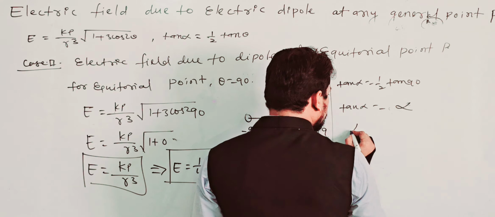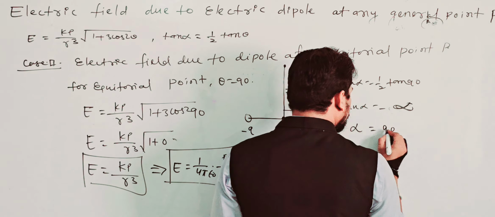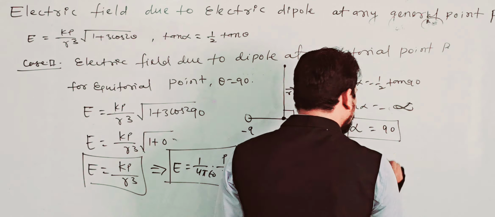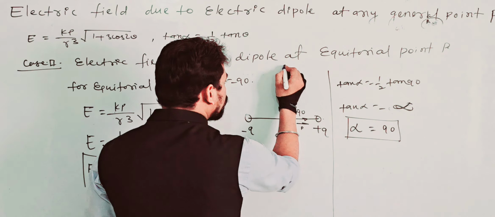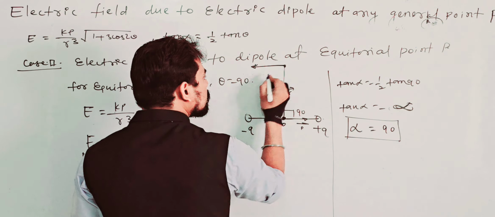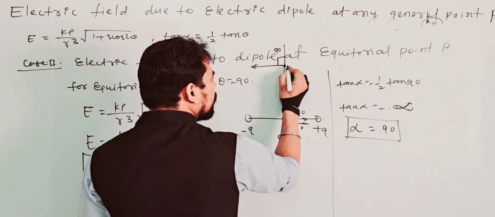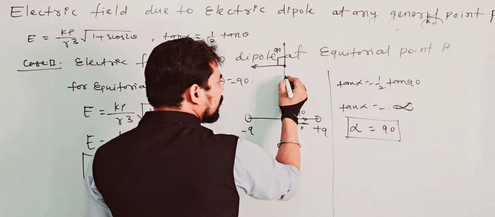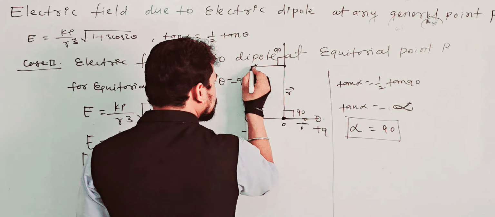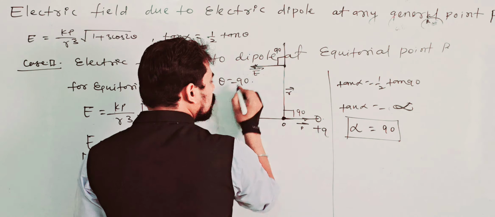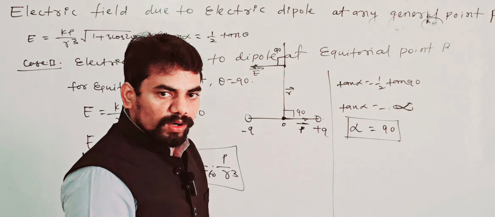If this is infinite, then alpha equals what? 90 degree with R. It means the field is along this, and this is the R vector. So alpha is making 90 degrees with the position vector. The dipole moment is this one, the electric field is this one, so the angle between the dipole moment and electric field is 180 degree.